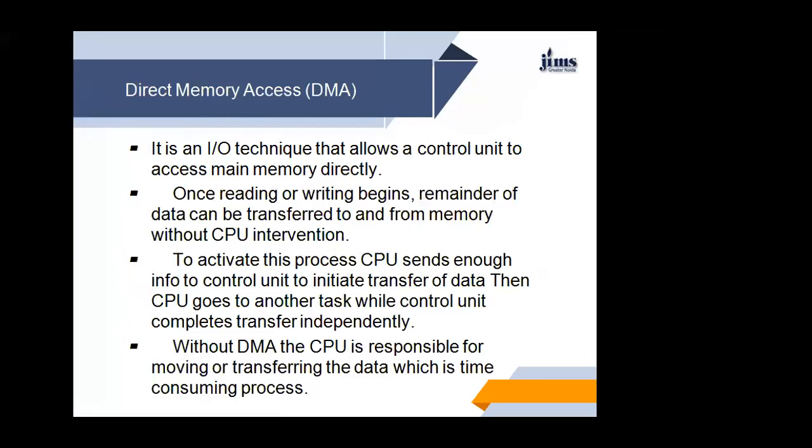To activate this process, the CPU sends enough information to the control unit to initiate the transfer, then goes to another task while the control unit completes the transfer independently. Without DMA, the CPU is responsible for transferring the data, which is a time consuming process.